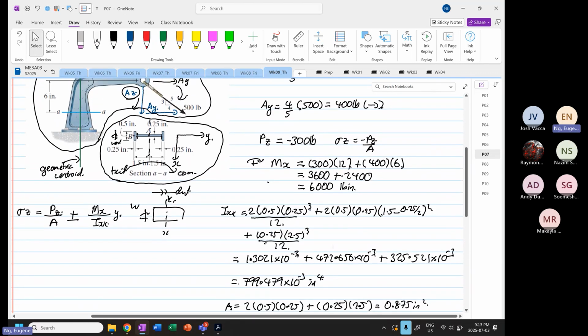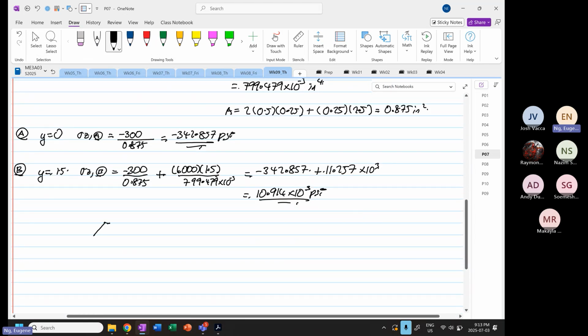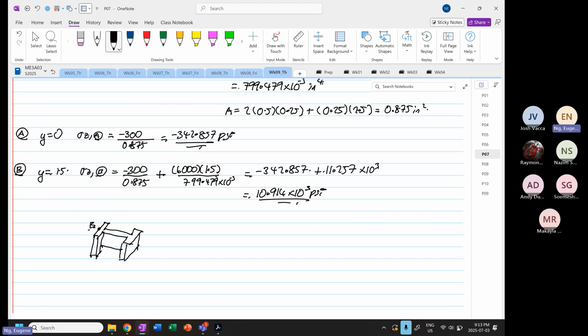Okay, so if we were to sketch the element, if this is the I-beam, at point B, we know that this is the fracture surface if it's going to break. So when we draw the element, it looks like this.